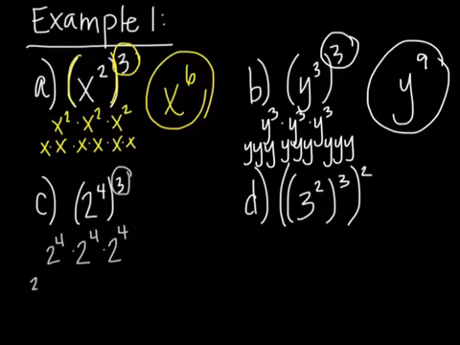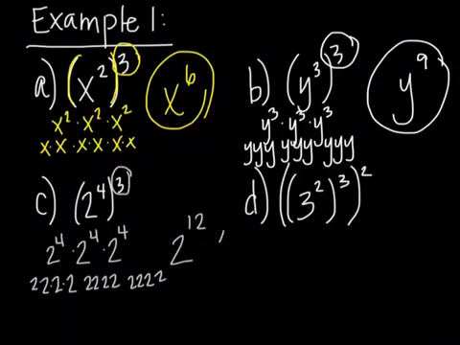Each 2 to the fourth is just 2 times itself 4 times. And then I can simplify this further to a base of 2 and a power of 12. I could simplify it further to get a large number, but we are just going to leave our answers as a base and a power.